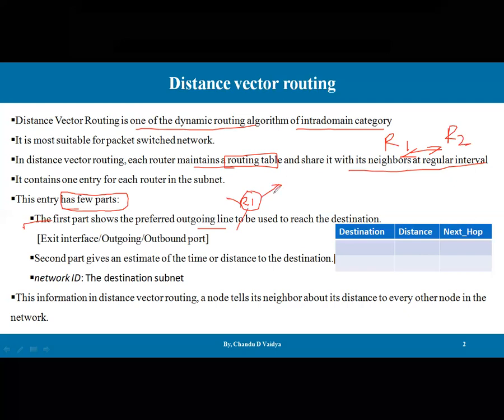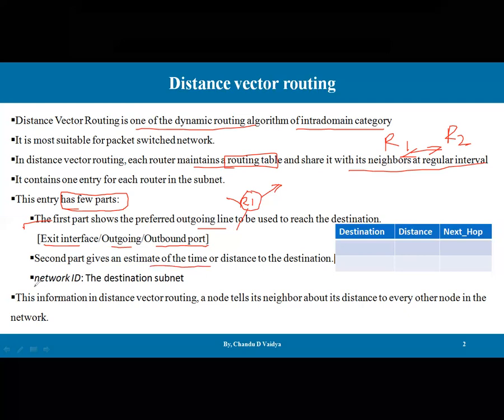That information needs to be kept in the routing table so that packets can reach the particular destination. It is usually called the exit interface, outgoing line, or outgoing port. The second part gives an estimate of the time or distance to the destination. This is what we can call the cost. This is the second part we need to maintain in the routing table.